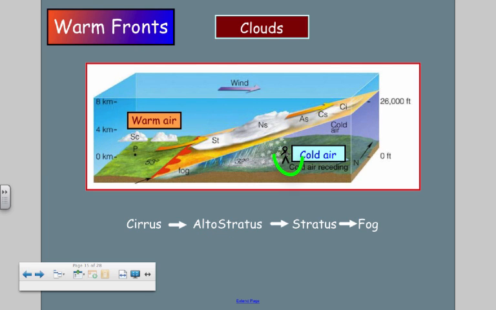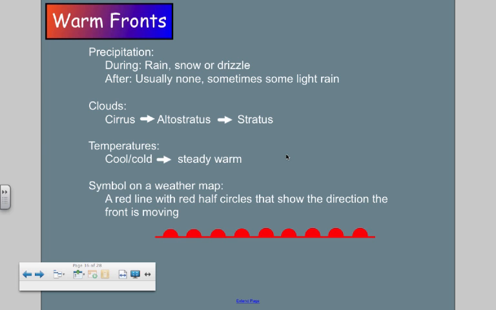Now again, if you're this little guy standing here, the clouds you would see as a warm front would be moving through are cirrus, then some high stratus clouds, then some stratus clouds, and then possibly some fog at the end. Again, here are the characteristics for a warm front. Precipitation during the warm front, there'd be rain, snow, or drizzle.